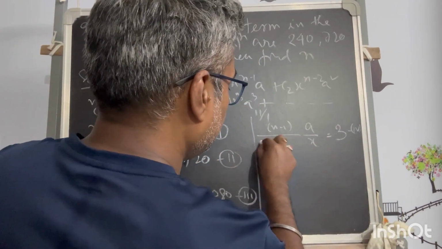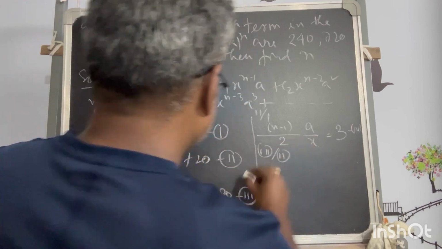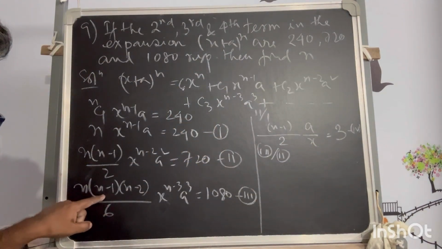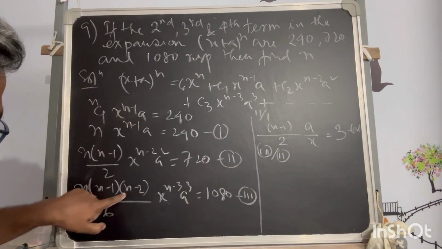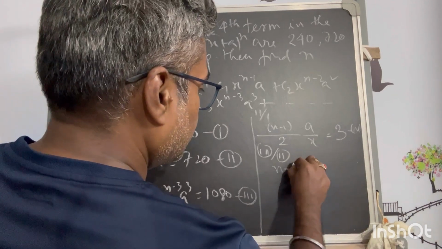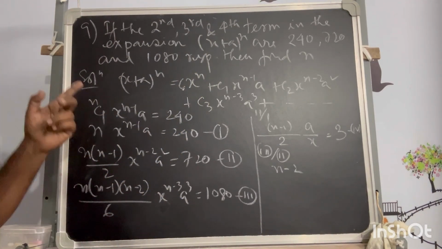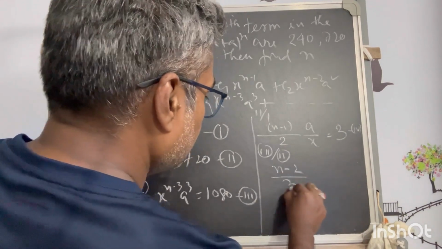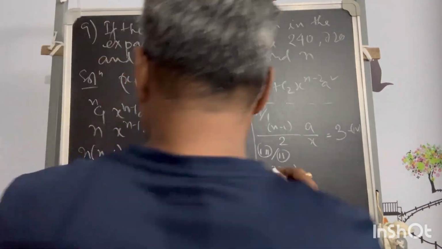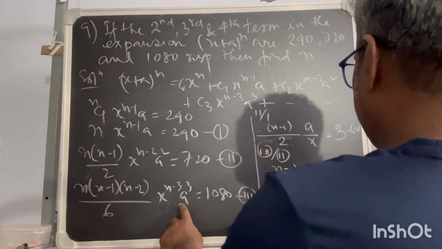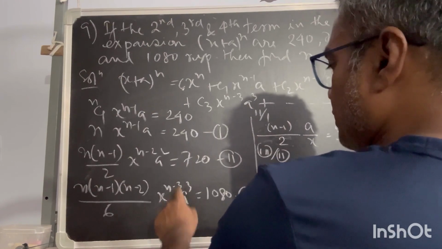Now doing 3 by 2, what I will get: n minus 1 will be cancelled out, n minus 2 will be there at the top. Now the 6 in the denominator, 2 will go up, so there I will get 3 at the bottom, and similarly this a will come in the numerator.